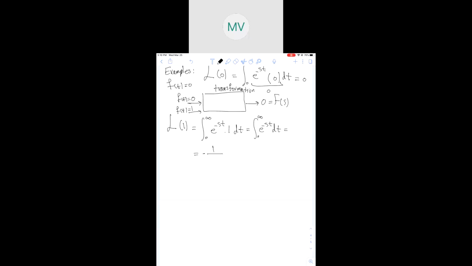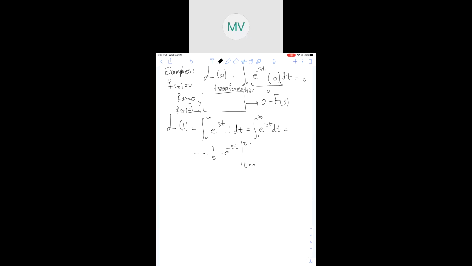Maybe you want to use substitution, but I think we're better than that. So the integration of this is going to be negative 1 over s times e to the negative st, and then we evaluate it from 0 to infinity. And of course, I have to use the improper integration notation, but you don't have to. Taking the limit of this as t approaches infinity. So again, remember, these two limits are the limits for t.